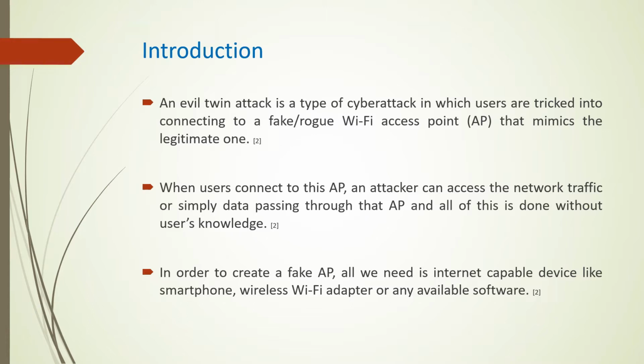Evil twin attacks get their name from their ability to imitate legitimate Wi-Fi networks to the extent that they are indistinguishable from one another. This type of network is particularly dangerous because it is nearly impossible to identify this kind of attacks.